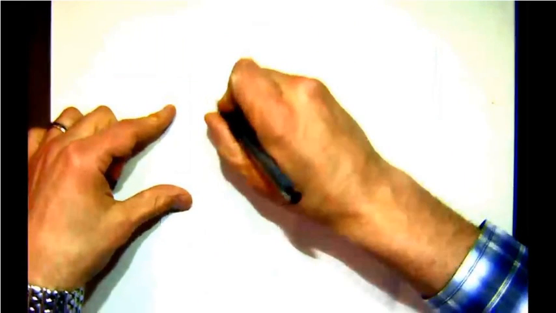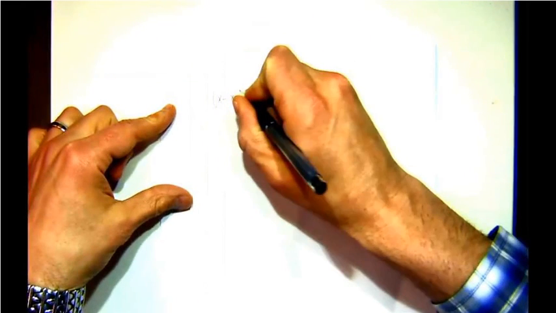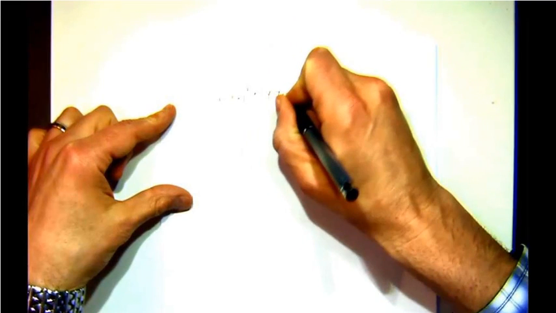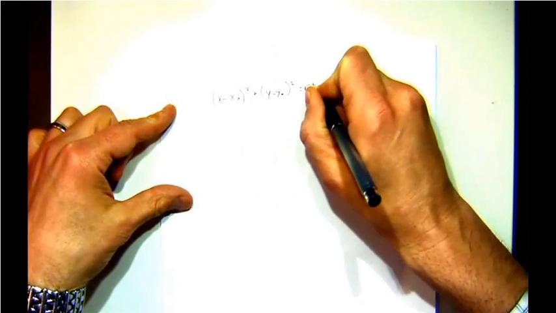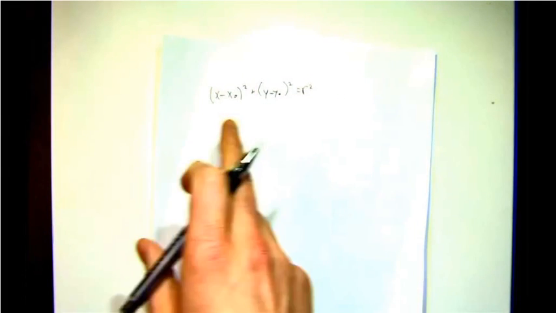The equation for a circle is (x minus x naught) squared plus (y minus y naught) squared equals r squared. Let's say that I'm given a set of points x, y, and I'm trying to solve for the center of the circle. And for now, let's say that my radius is fixed.